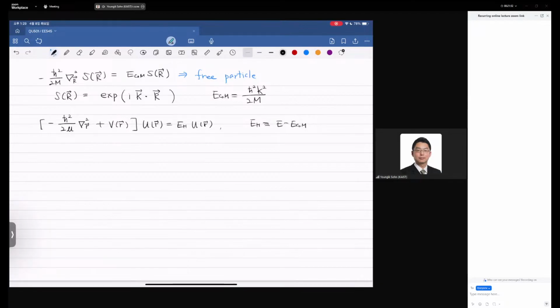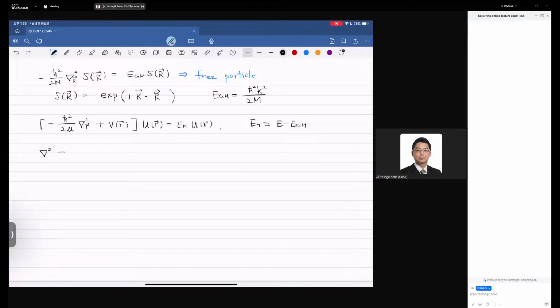For the Laplacian, the system naturally suggests a spherical coordinate system, because you can think of the atom as something spherical, with the electron spread around the proton in a symmetrical way.